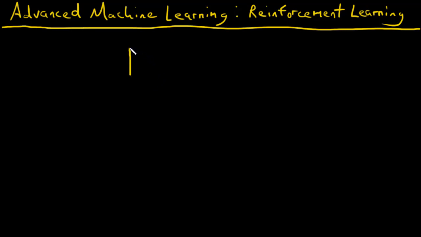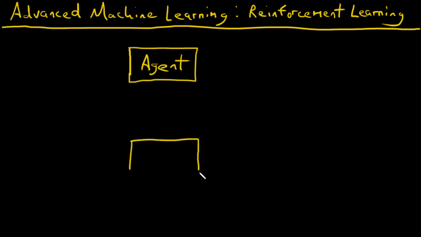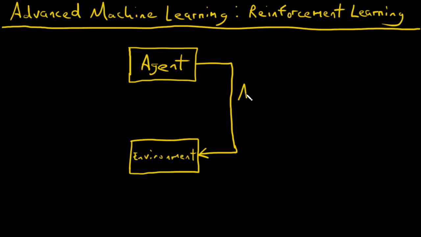Alrighty, so we're going to start off with a diagram. I'm going to call this the agent, and I'm going to call another one down here the environment. Okay, and then the agent is going to take an action and then there will be some reward.